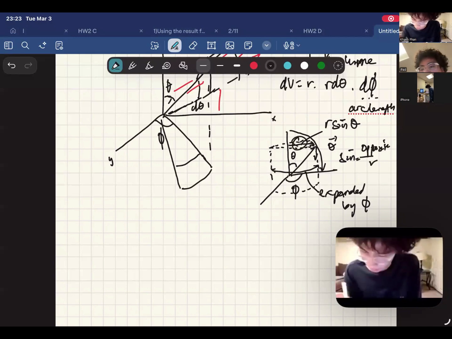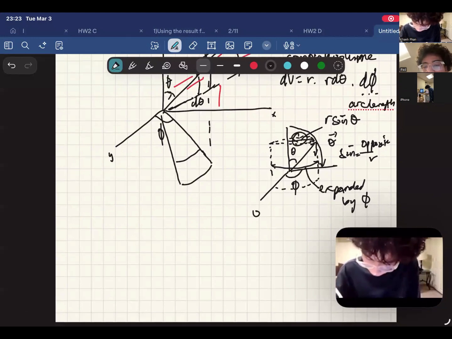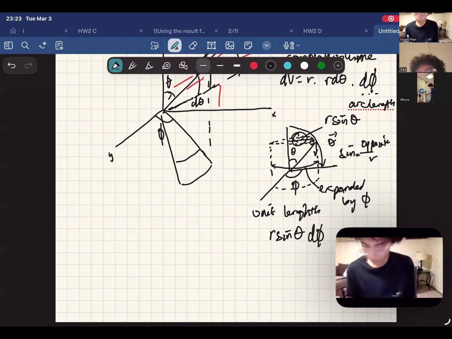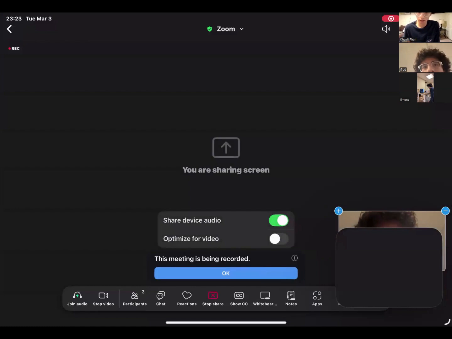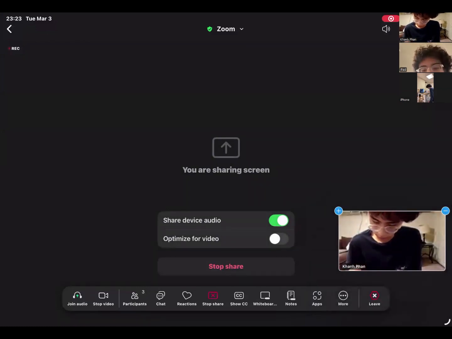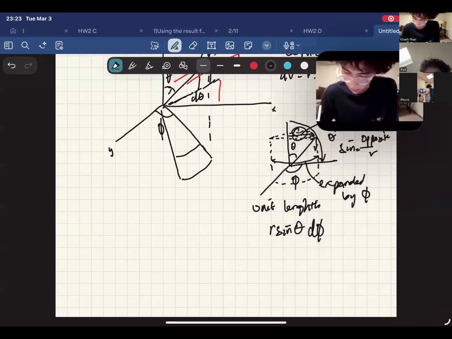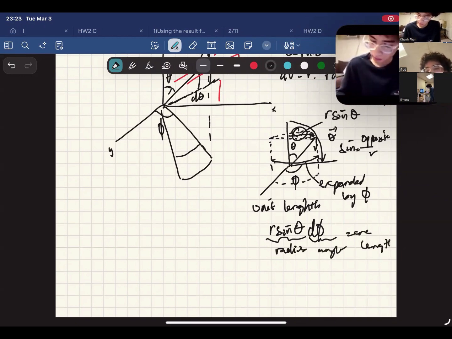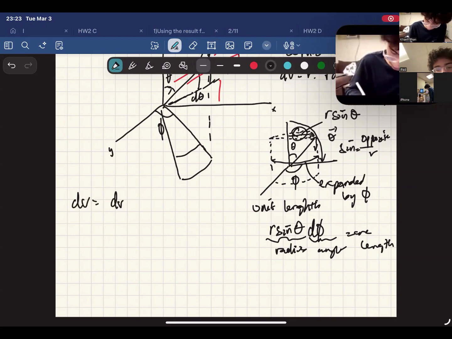So opposite is this line. So the unit length for phi would be r sine theta times d phi. As you find, this is the radius and then the angle, so we have arc length. So our control volume would be dr, and then r d theta, and then r sine theta d phi.